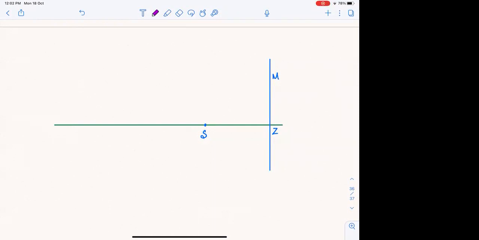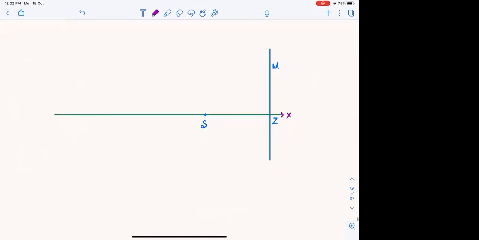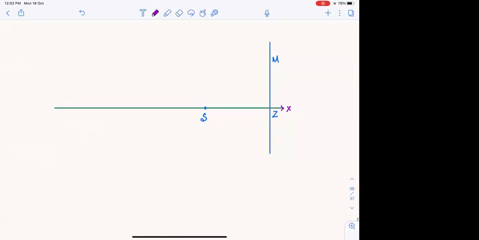So if we are trying to have the axis of the ellipse along the x-axis, say this is the x-axis, we have marked the focus S on the x-axis and the directrix ZM as a line perpendicular to the x-axis. Now the points of the ellipse which are on the axis, that is the vertices, will satisfy the distance ratio from S and Z as e is to 1.